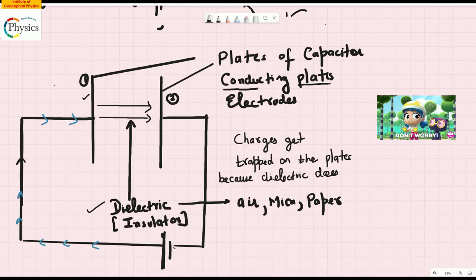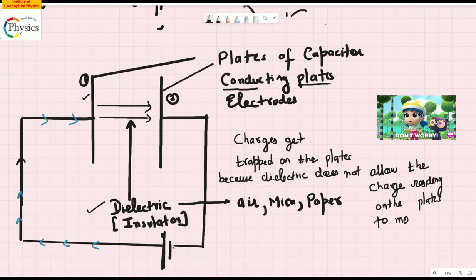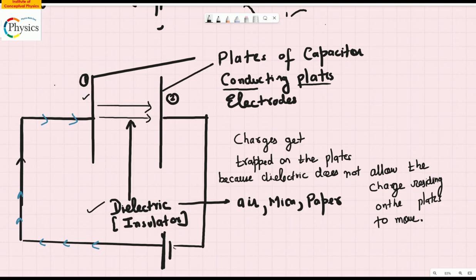Because dielectric does not allow the charge residing on the plates to move. Okay, I've used the word trapped, and therefore that charge gets accumulated on the plates, and that results in an electric field which gets created between the two plates.